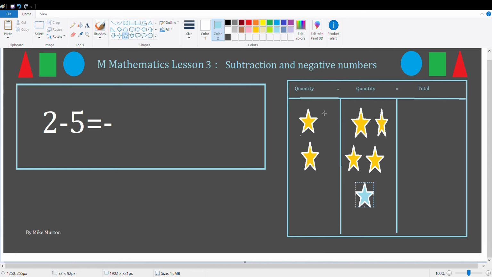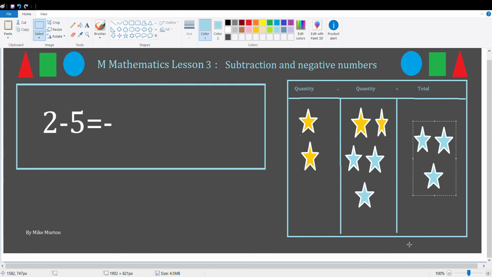And we know that 3 of those stars are different, because 2, we can take the quantity 2 away, but then we're left with the 3 blue ones. And that's what we put in the total.